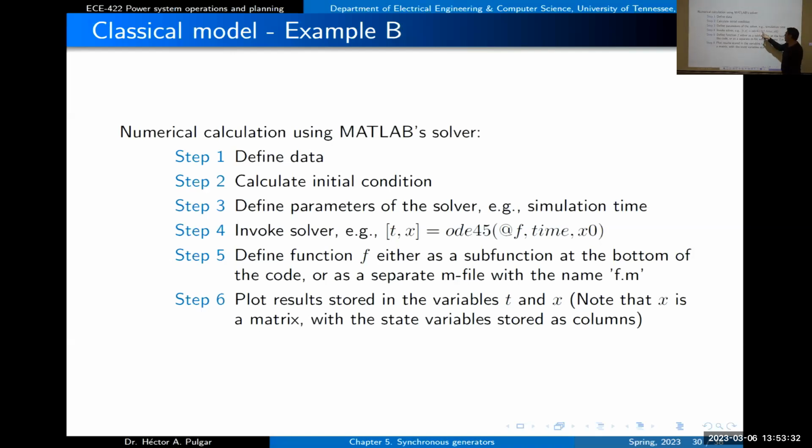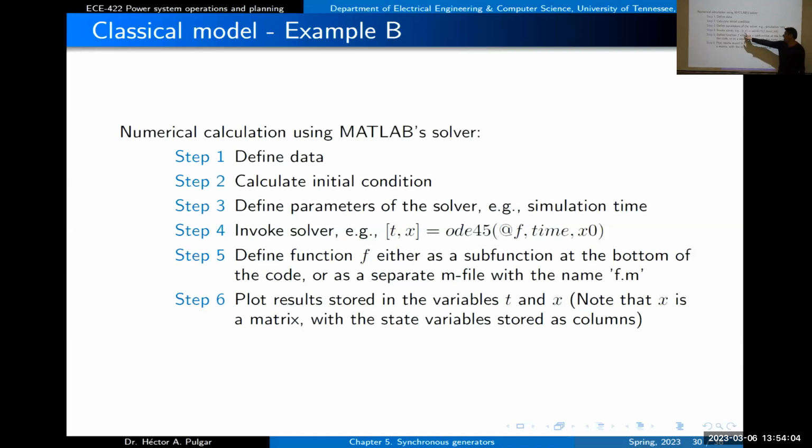When we do this, we use this function handle, and we have to specify the function f either at the bottom of your code, or you create an m file with the same name, in this case, f.m. And in this function, we're going to define the set of equations we need to consider for the system. Then after you invoke the solver, you will have the solution for t and x, and then we can plot the result.